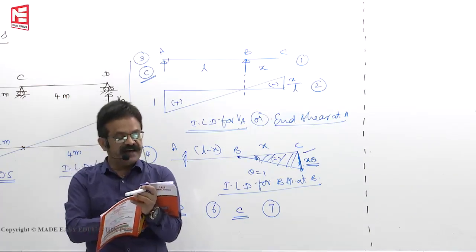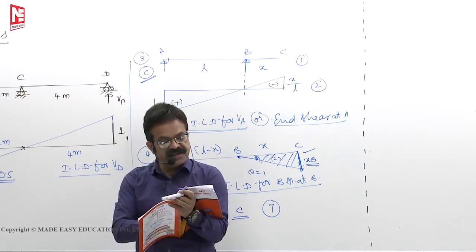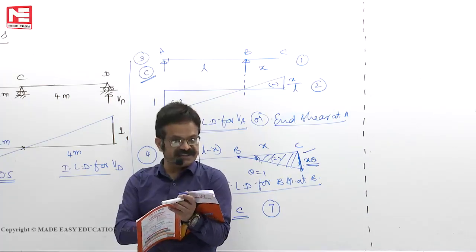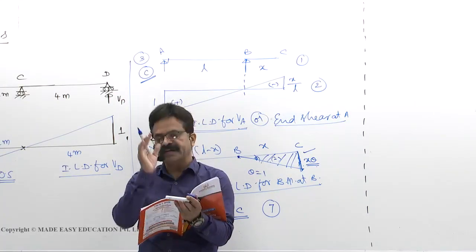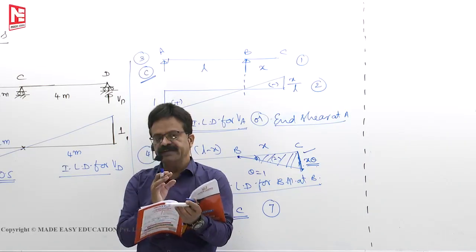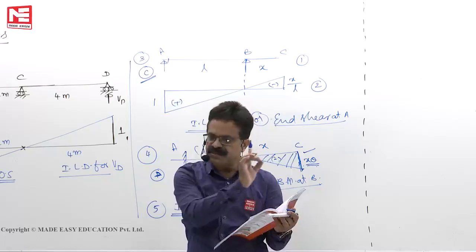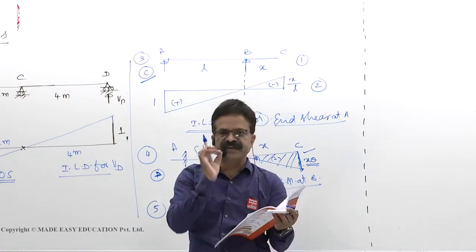Second one: ILD for bending moment or shear force must not be confused with the bending moment diagram and shear force diagram for the structure. Correct. Why? ILD for bending moment at any section means, as the load is moving, how that load influences the bending moment at a particular section.